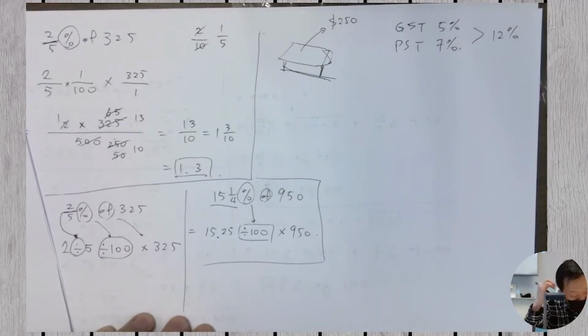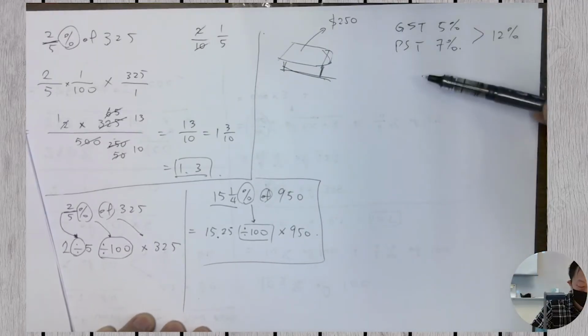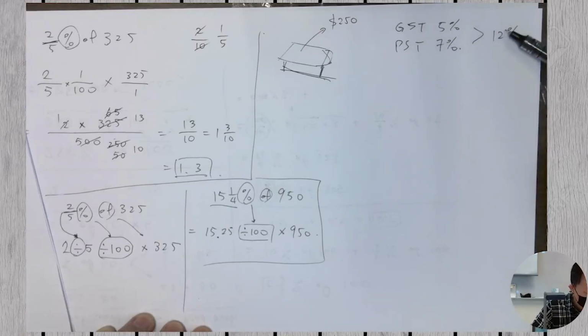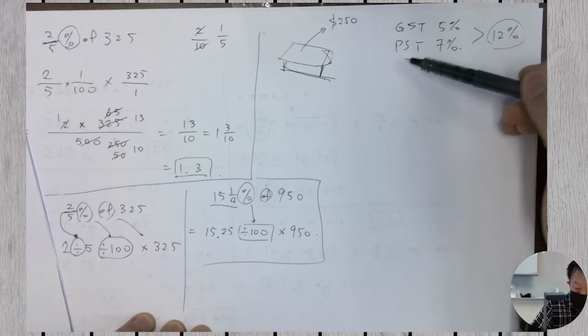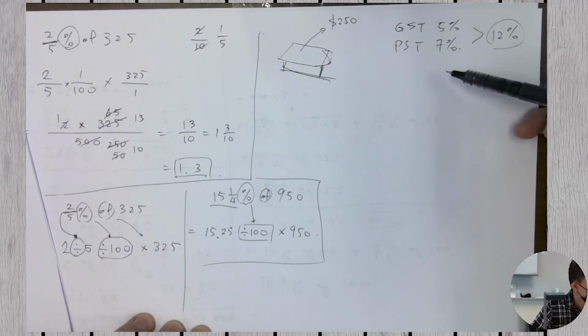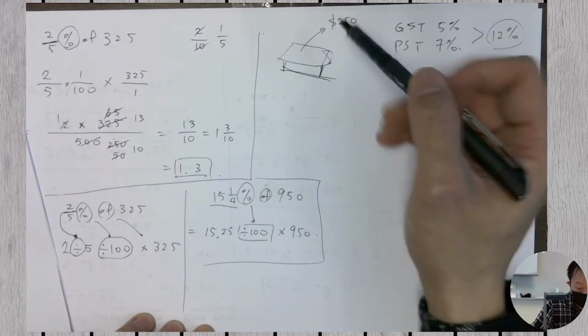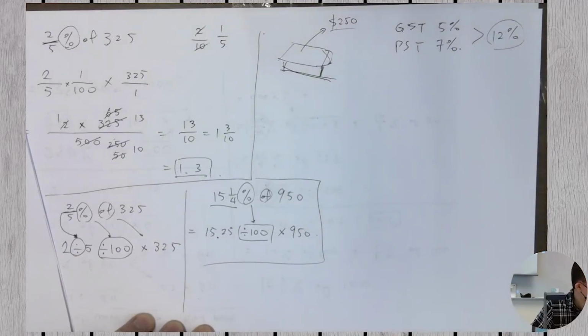You can figure this out individually, figure out the dollar amount, and then add them together. Or you could figure out that this is 12%. Besides the GST and PST, what else do I have to pay? I have to pay the price tag itself, right?